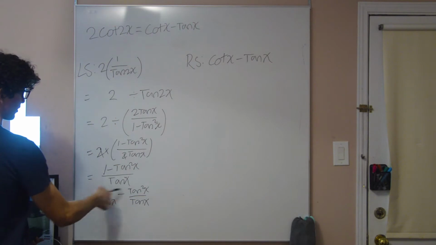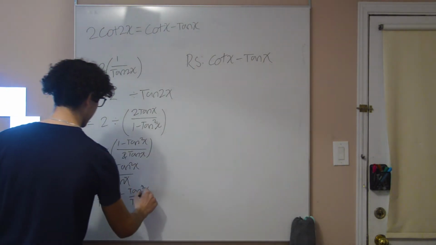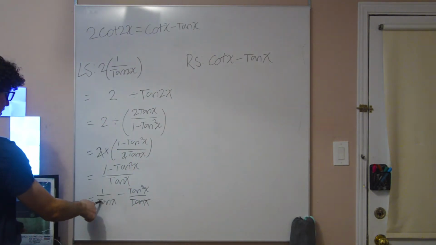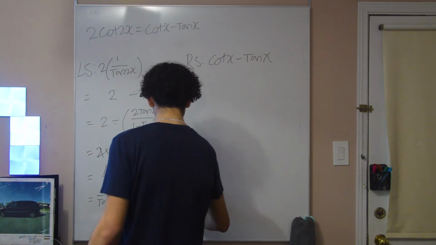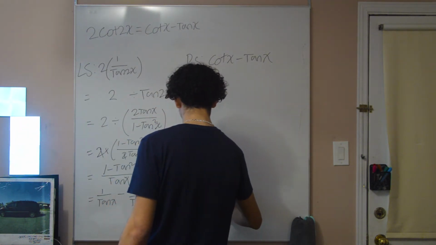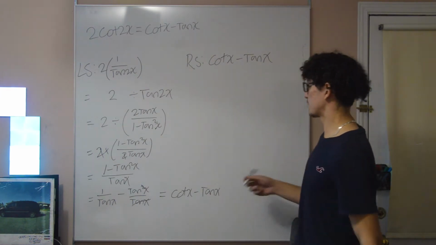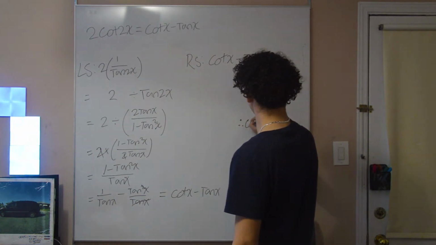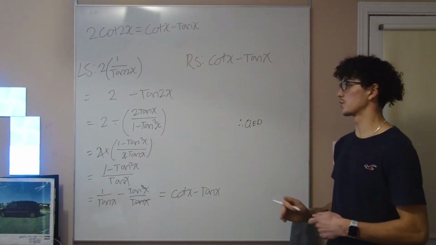Same denominator, the tops just subtract, that's how we do it. Well, from here, this can cross out, and that's the same as saying cotangent. I'm actually going to write it over here. So we get cotangent x minus tan x. Left side, right side equal, perfect. Therefore, QED. Let's move on to the next one.